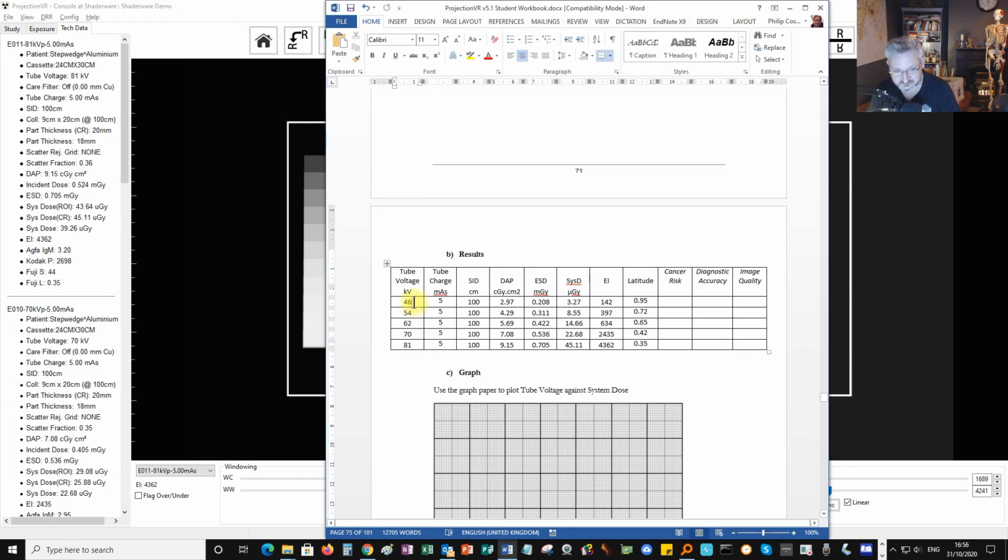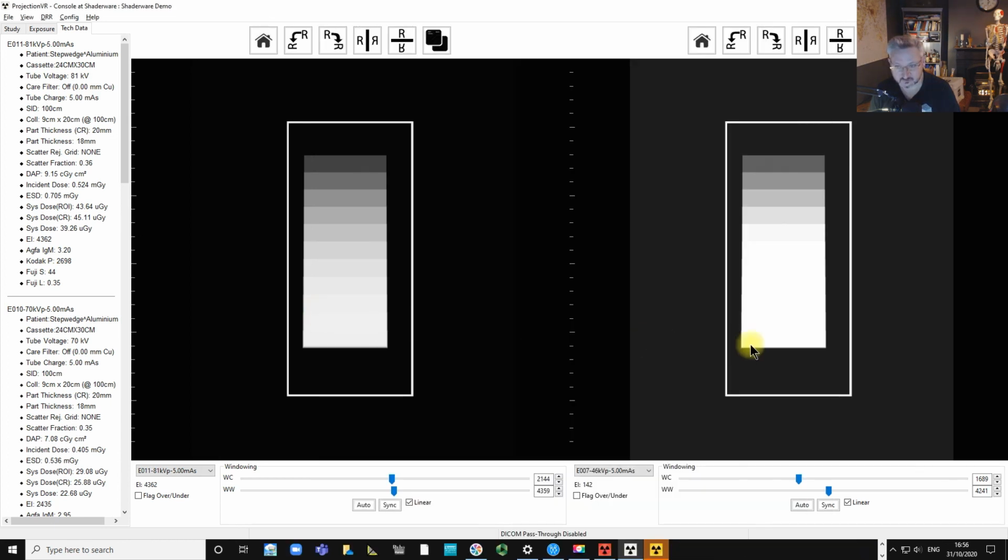At 46 kV, we found that the thicker parts of the step wedge were fairly impenetrable to the radiation, and therefore we got the same effect we got with 33 kV for the pelvis X-ray to some extent. And when we got a higher tube voltage, then all the steps were penetrated, and the image could be discerned quite easily on one window.